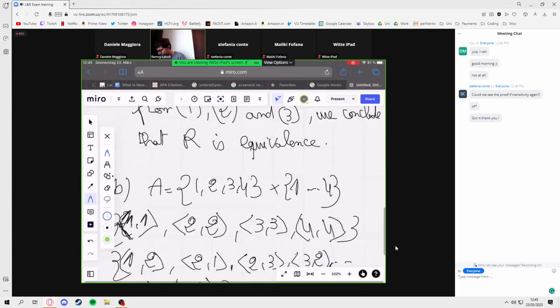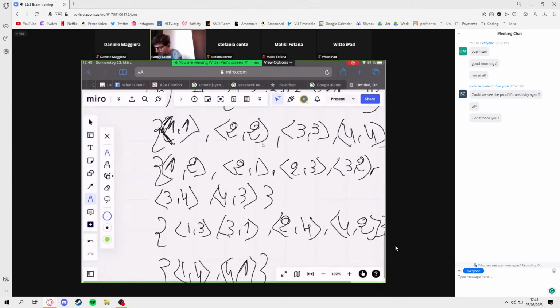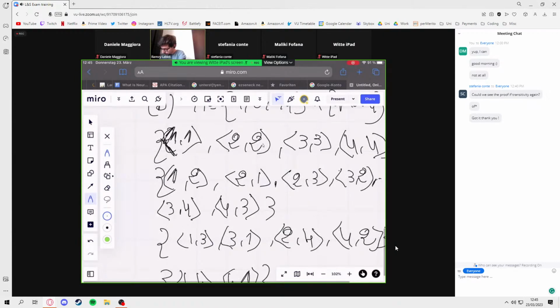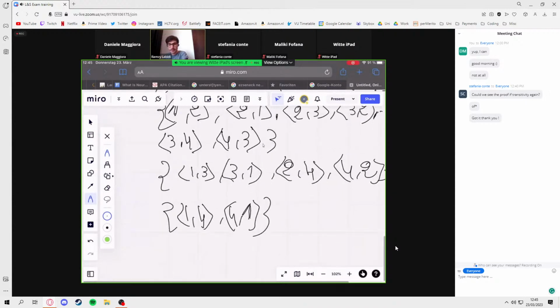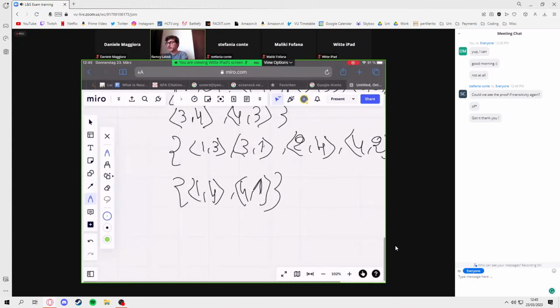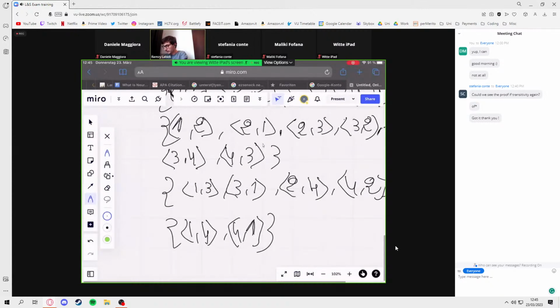Oh, okay. Great. So right now we have how many sets? One, two, three, four sets of equivalence classes, basically. So now we're asked to create a complete system of representatives. What does this mean? This means we take a representative of each set.